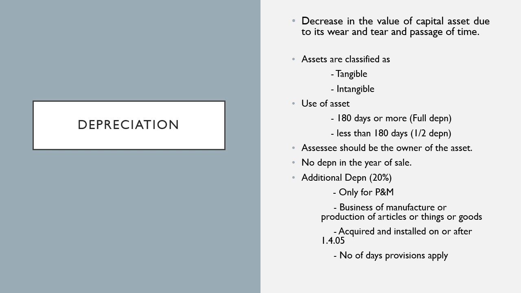Additional depreciation. Usually, plant and machinery carries a depreciation of 15%. But if the business in which the plant and machinery is used deals with manufacture or production of articles, and if the plant and machinery is acquired and installed after 1/4/2005, then the plant and machinery is eligible for depreciation of 20% along with the original depreciation of 15%.